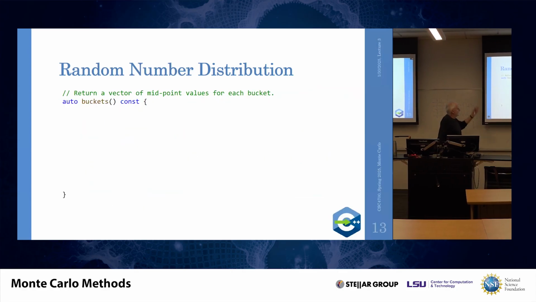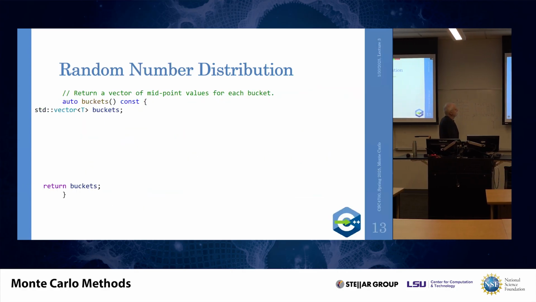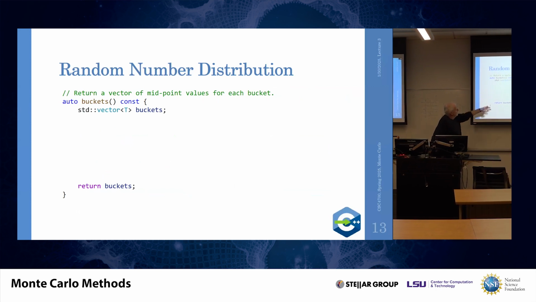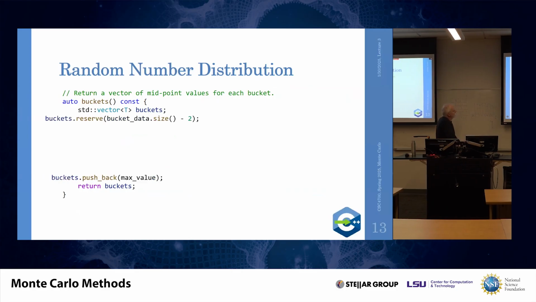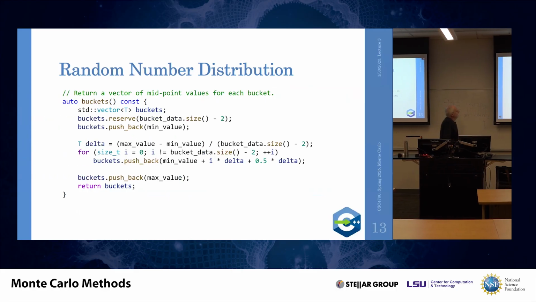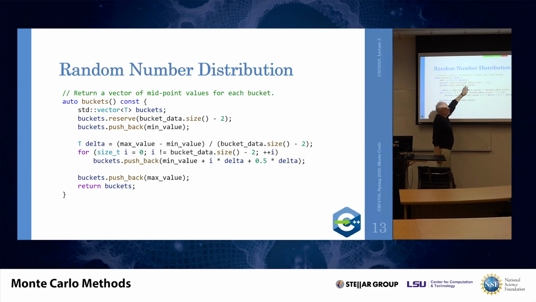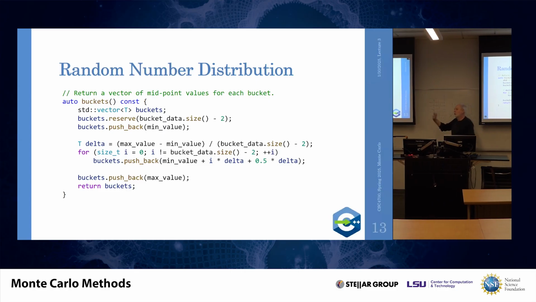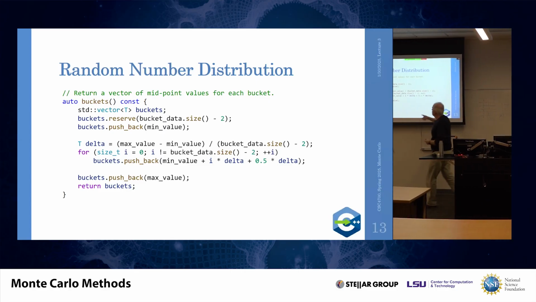Okay, so let's return the buckets, the midpoints of the buckets. What we need to do, we need to create a new vector which will be returned, and then first push back the minimal value in the first element, then have a loop which calculates the midpoints of all buckets, right?